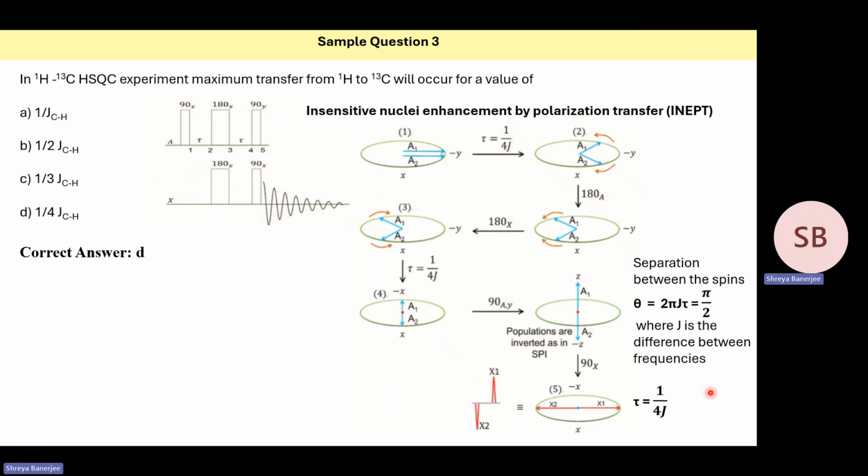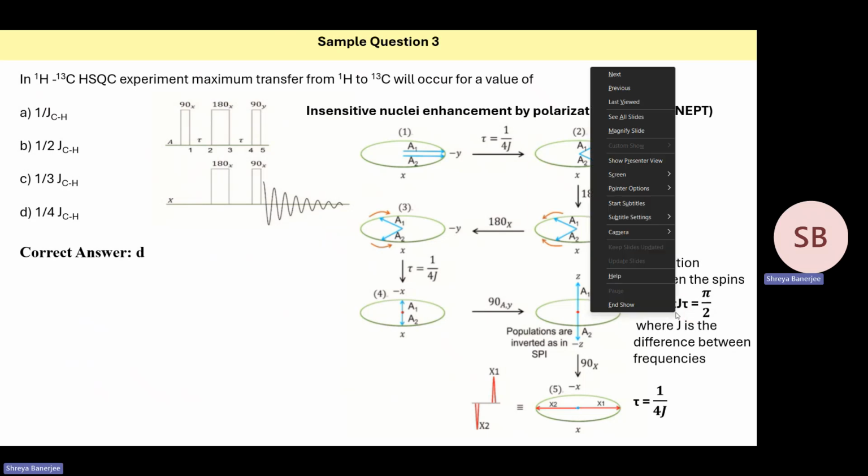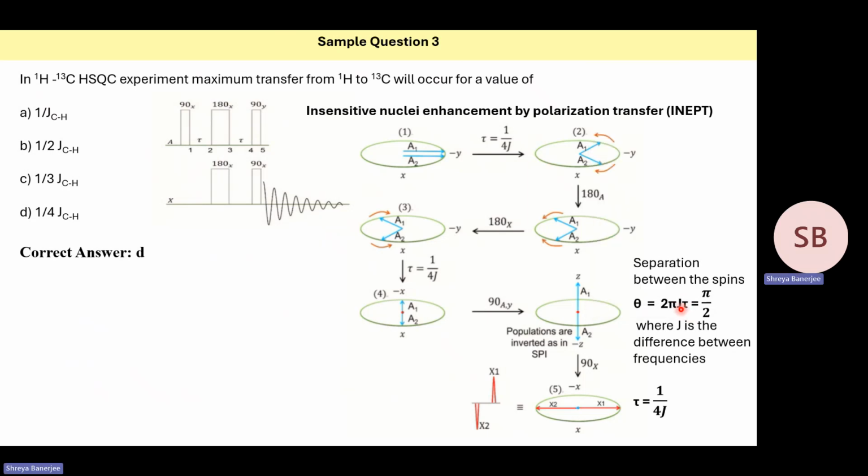So if we will derive it, the separation between the spins. J is the angular frequency. J is the difference in frequency, and tau is the time you are allowing for the transfer of magnetization.